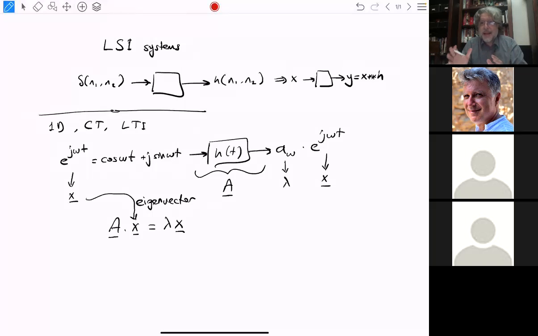As long as it is LTI, complex exponentials are eigensignals of that. They come in and they go out just by scaling with a complex number. Do we know what that complex number is? A sub omega. What is the eigenvalue, in other words?